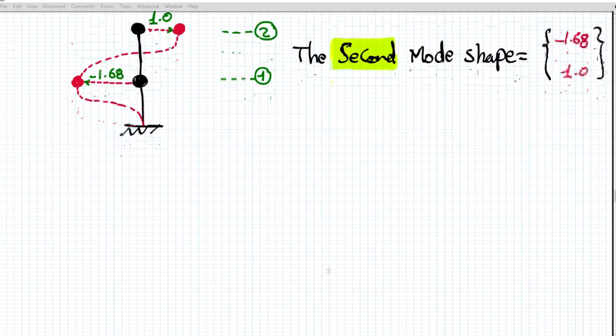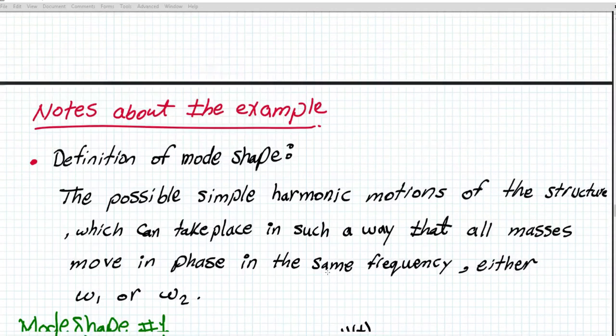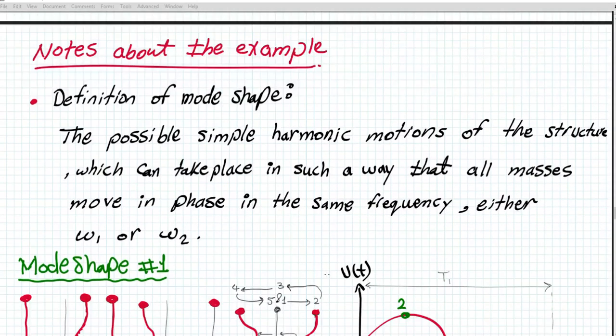Now let's go to the notes about the example so that we understand more about what we have explained here. First of all, I want to give a definition for the mode shape.